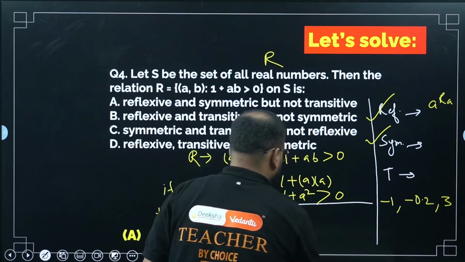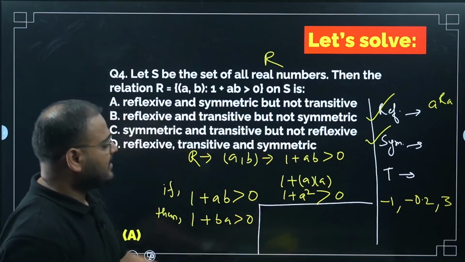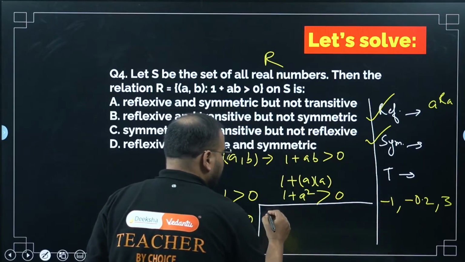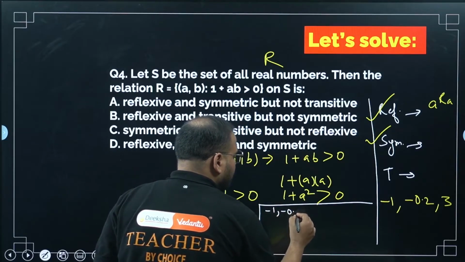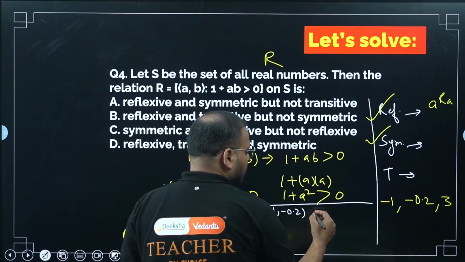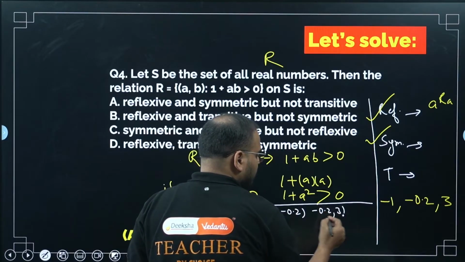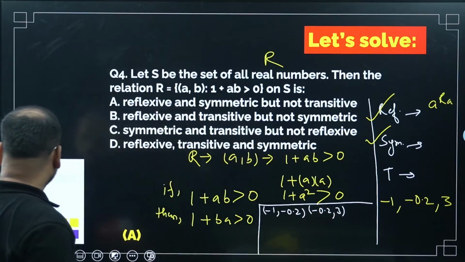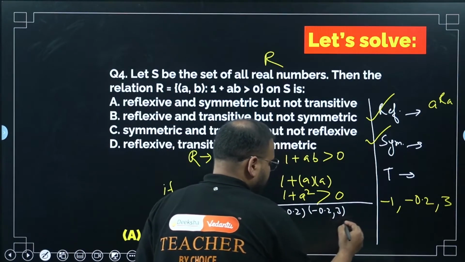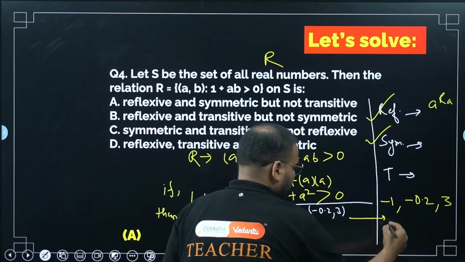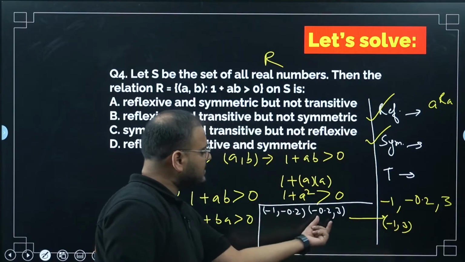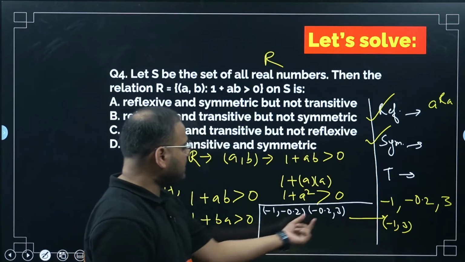If I check for these two, my AB, the relations are minus 1 comma minus 0.2, and next is minus 0.2 comma 3. If both of these are true, then I should have minus 1 comma 3 to be true. So this is my AB, this is my BC, then this is my AC.